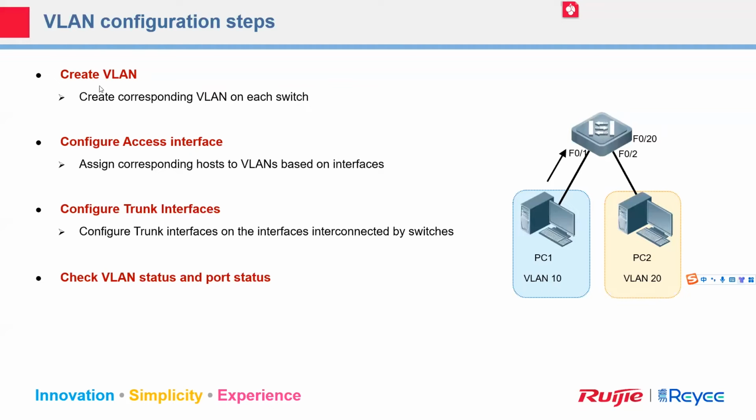So first we have to create the VLAN. In the switch, only the VLAN 1 is located on the switch. If you want to use the other VLANs like 20, like 1000, you have to create them. And then you have to configure the access interface, configure the trunk interface, then we can check the result. So this is the step.